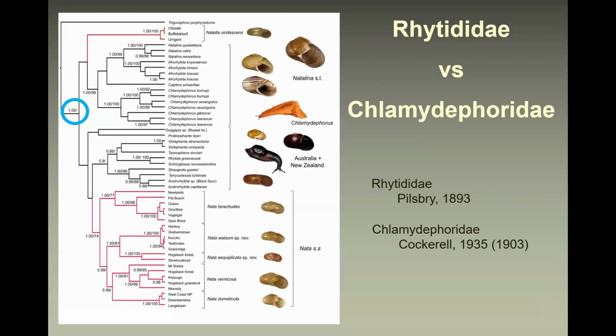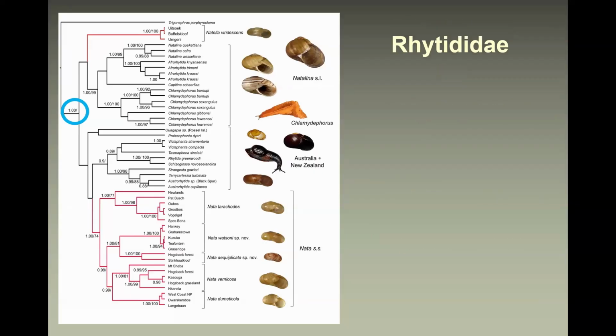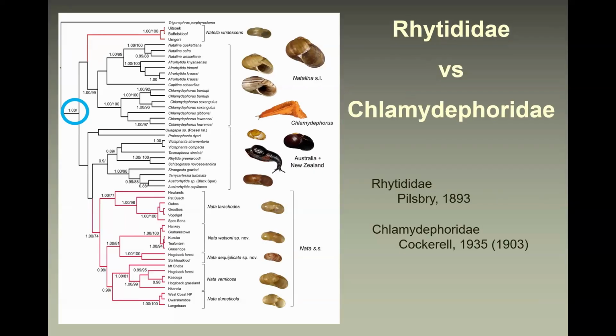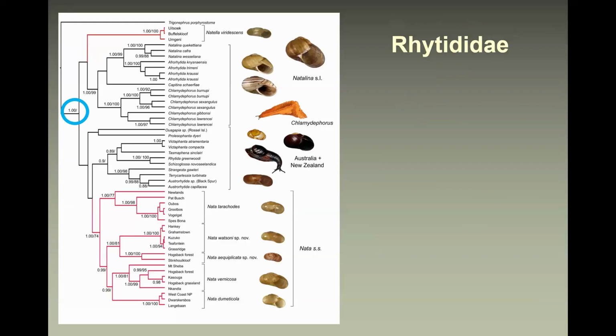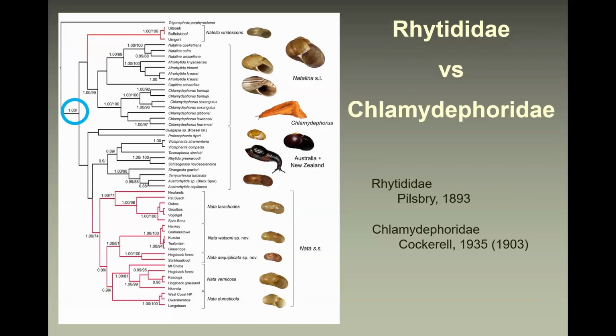Chlamydophoridae was proposed by Cockerell in 1935, but as a replacement for a name that was based on a junior synonym. So from the priority perspective, it takes its date from 1903, the date of the earlier name based on the synonym.